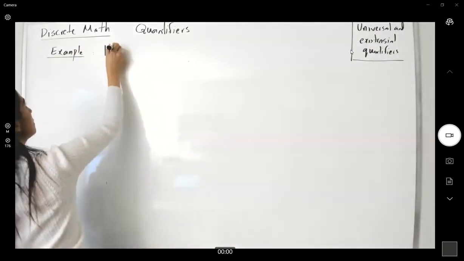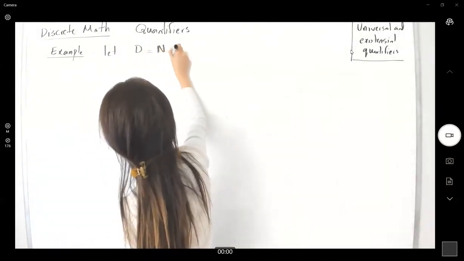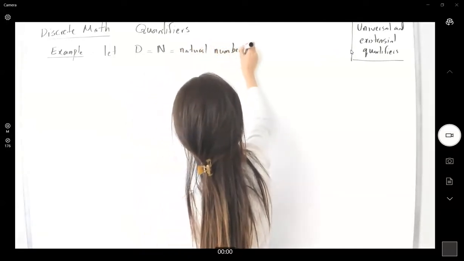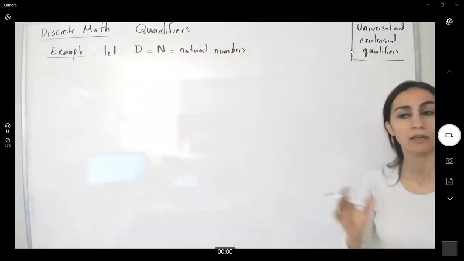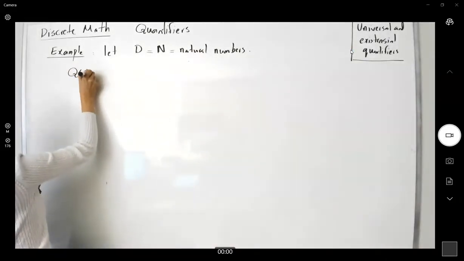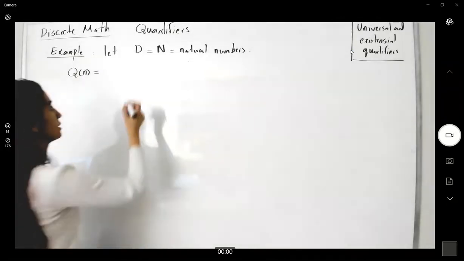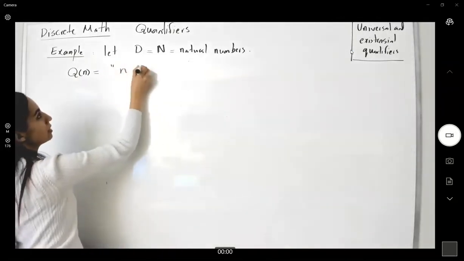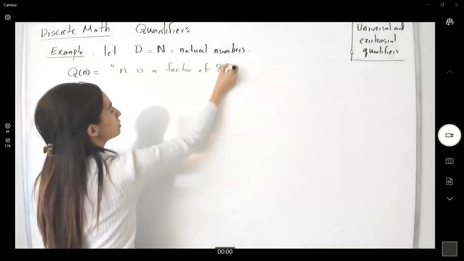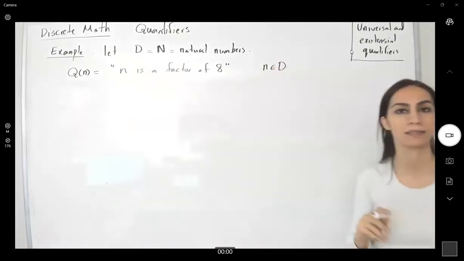Let D be N, the natural numbers, and our predicate is Q of n, which is defined as n is a factor of 8, and n belongs to D. The domain is natural numbers.